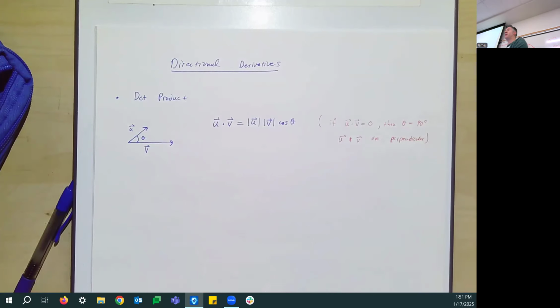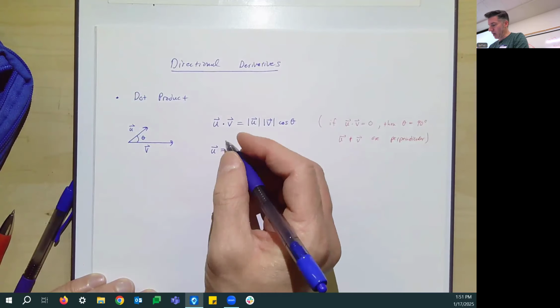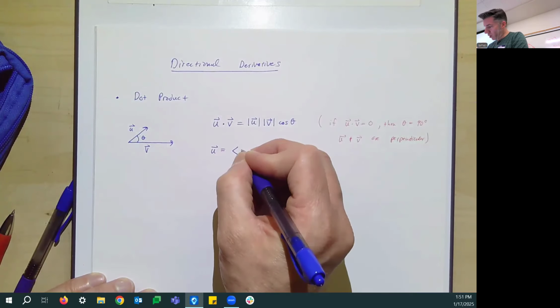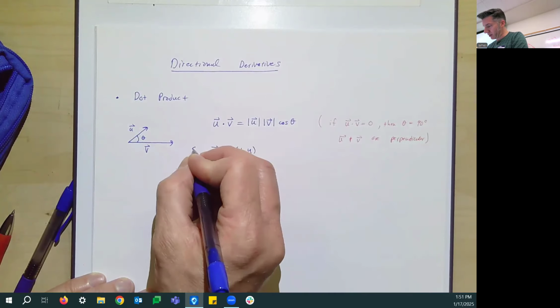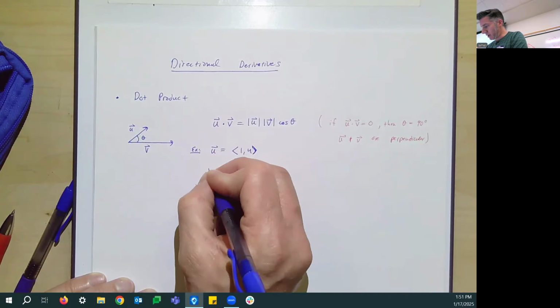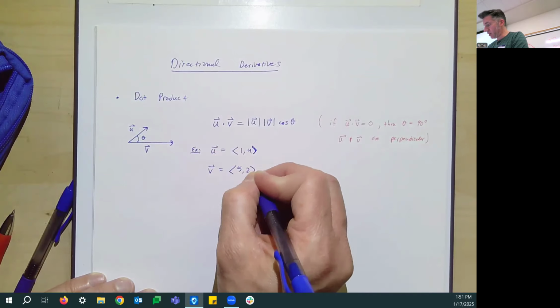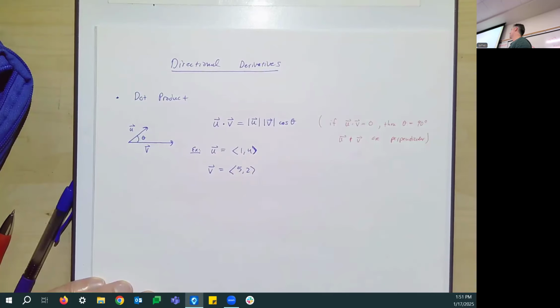But that's not the way we usually calculate the dot product. We usually do it using the component form. So if we were given, for example, that u is equal to the vector 1, 4, and v is equal to the vector 5, 2, then finding the angle between these vectors is terrible.